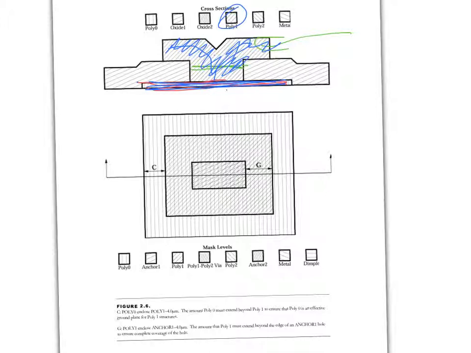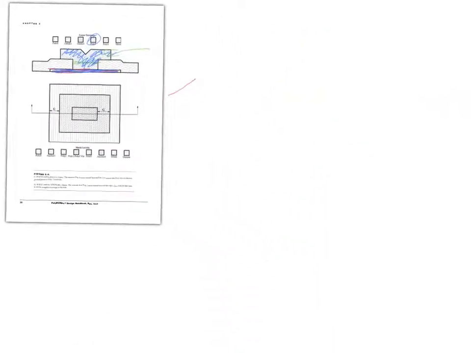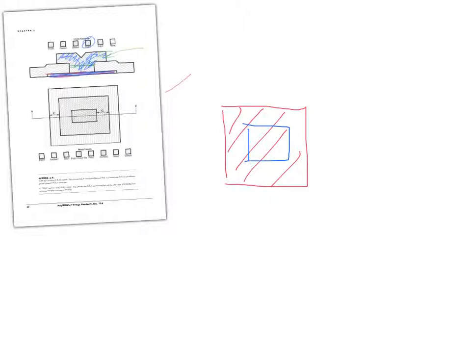But you're going to have your, give me some space to draw here. You're going to have your poly 0. Okay? Then you're going to draw your anchor 1. That's what it'll look like, top down. Okay? This space right here and here has got to be at least 4.